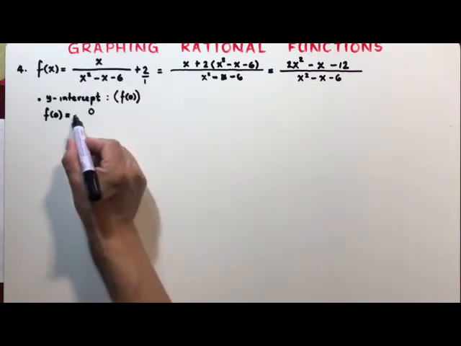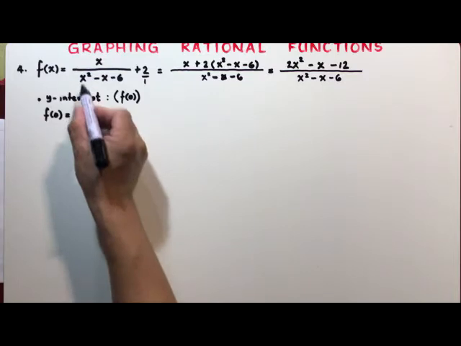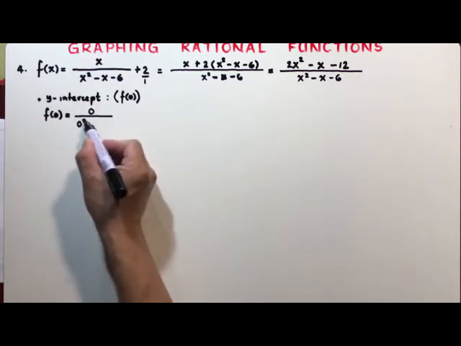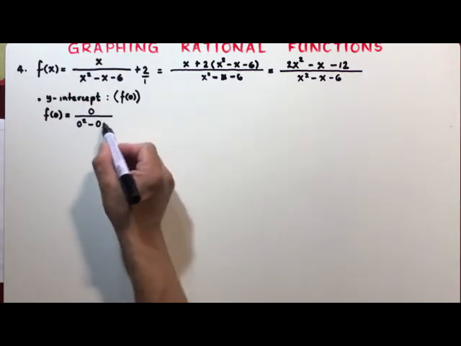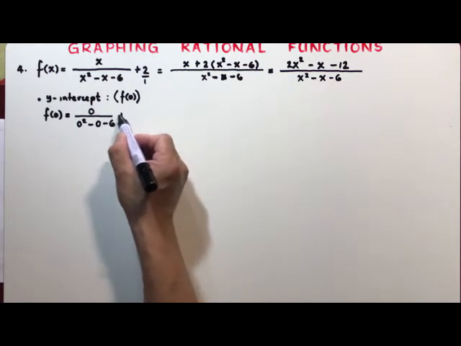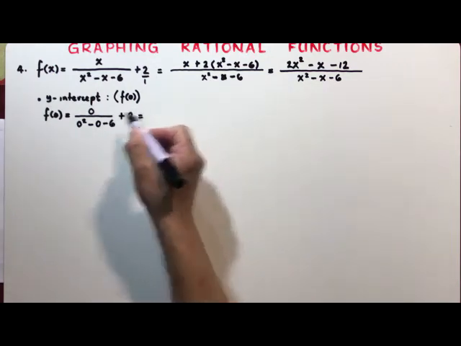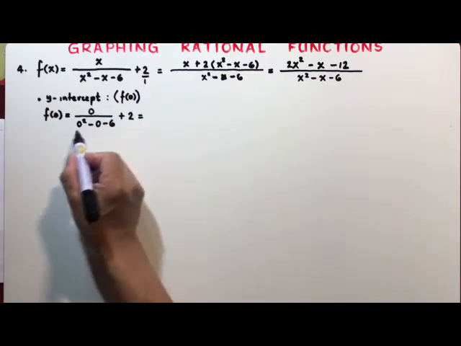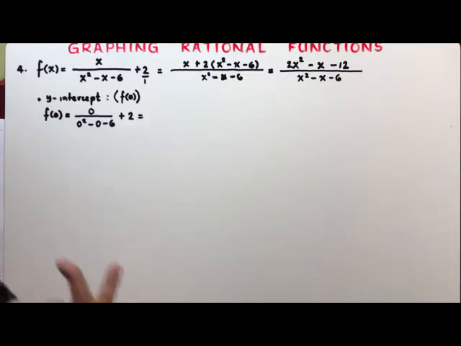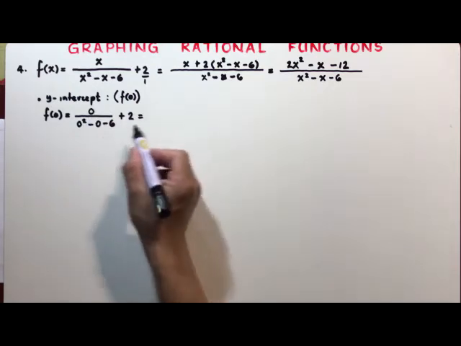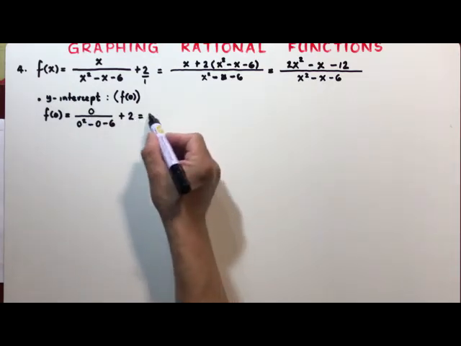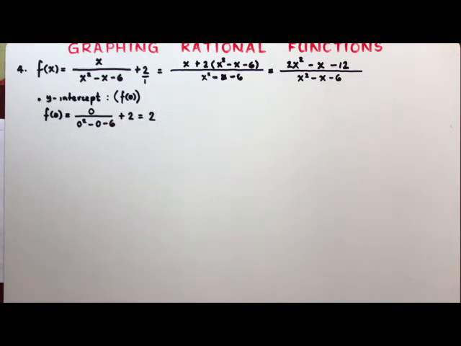So that is 0 over the denominator of 0 squared minus 0 minus 6 plus 2. And remember that this 0 squared minus 0 is just 0, and 0 divided by negative 6 is 0, plus 2, that is 2.